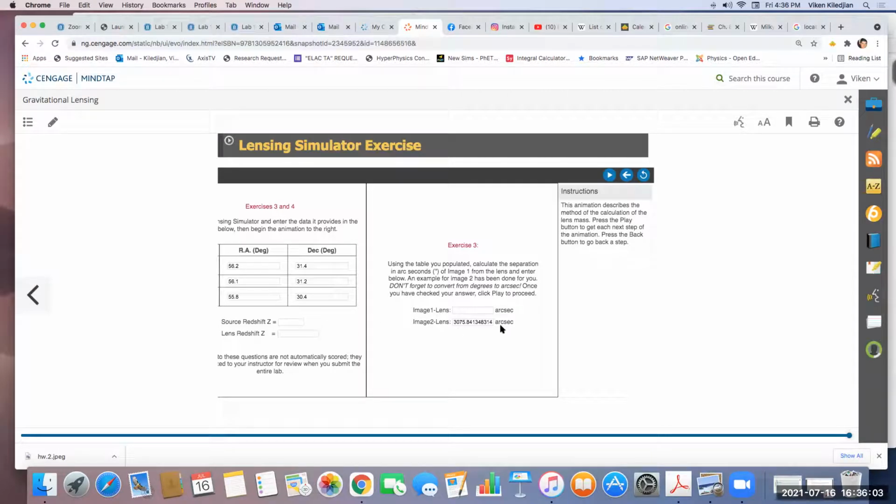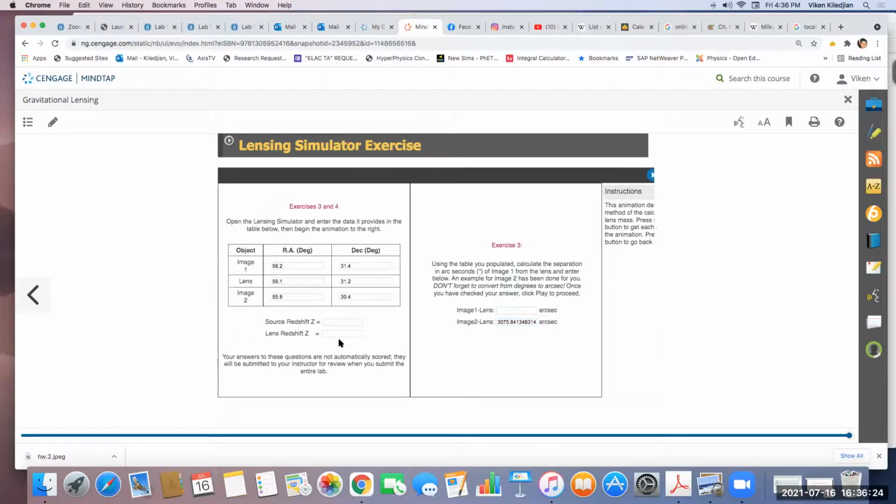Oh, okay. So then the other one has already been done. I think they already did this based on the numbers that I put. In other words, they already calculated the separation in arc seconds from my image 2 to the lens.